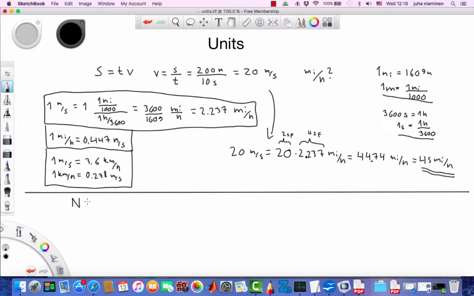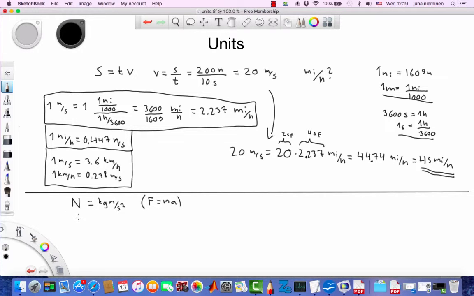Newton is a unit of force, but the Newton itself is not a standard unit like kilogram or meter or second are. So the Newton can be expressed in terms of these standard units. So a Newton, for example, is kilograms times meter divided by second squared. And this, of course, comes from the fact that force is mass times acceleration. Units of mass are kgs, and units of acceleration are meters per second squared.